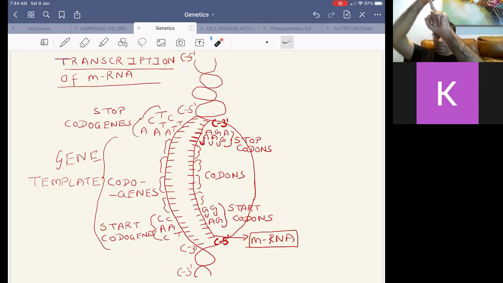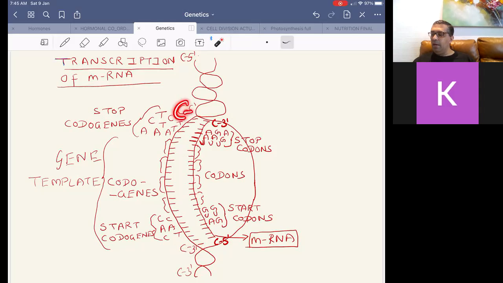So once again, we have two uncoiled DNA strands. Now, if you remember, one of them will have polarity 3' to 5' and the other polarity 5' to 3'.